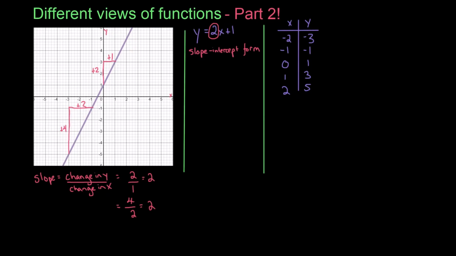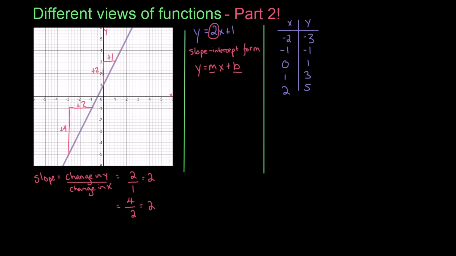So what do I mean by that? It's an equation where your numbers and variables are written in this form, where m and b are just some numbers and x and y are your variables.